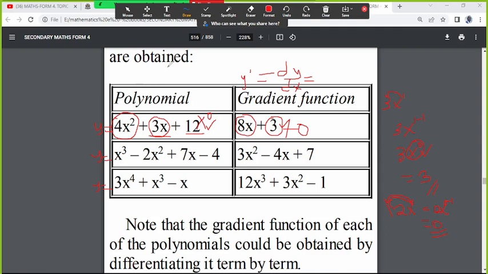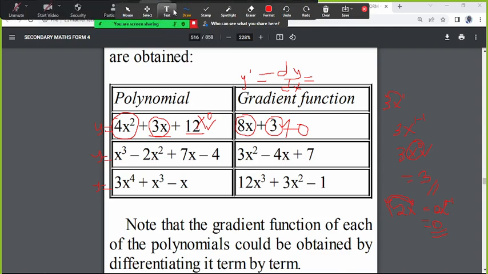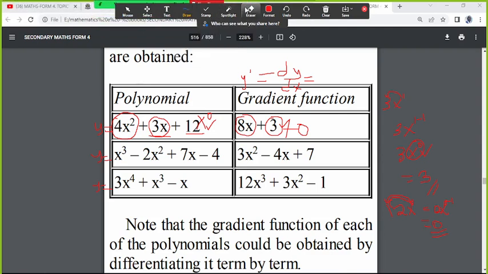In the second scenario, because we know the proper way of doing the differentiation, the derivative of the first term is 3x to the power of 2. The derivative of the second term is negative 4x.